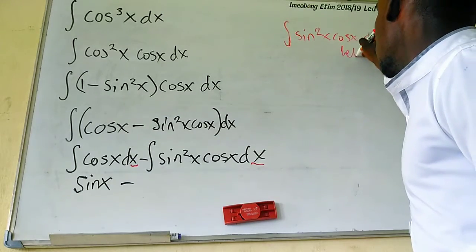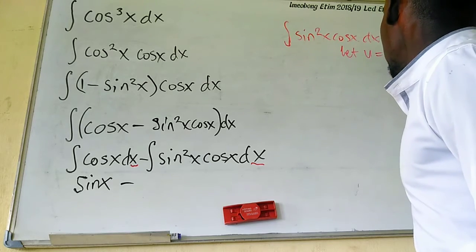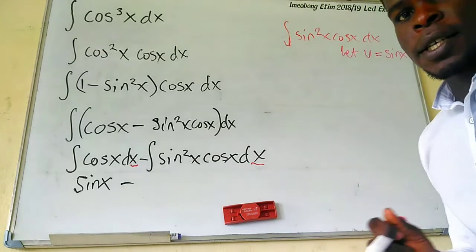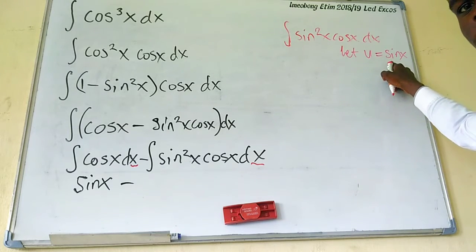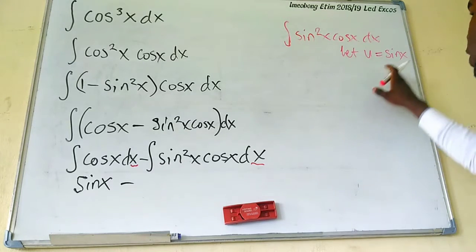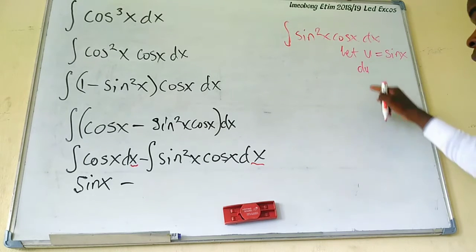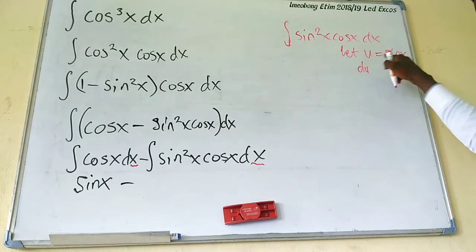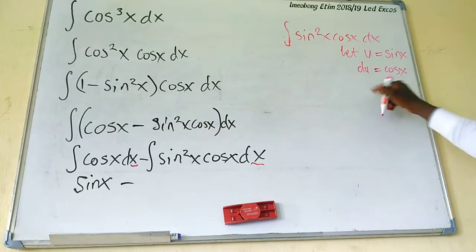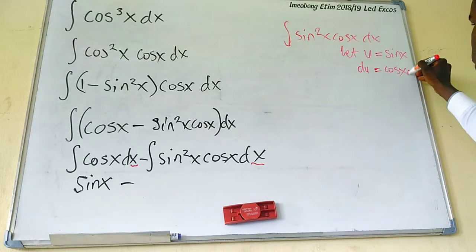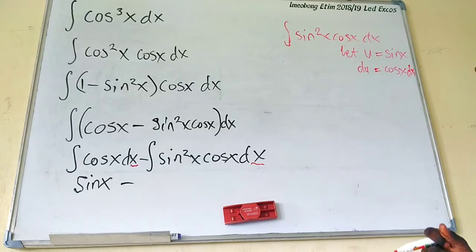Let u be equal to sine x. By change of variable, differentiating u with respect to x, du dx is going to give me cosine x. Multiplying by dx on both sides, du becomes cosine x dx.